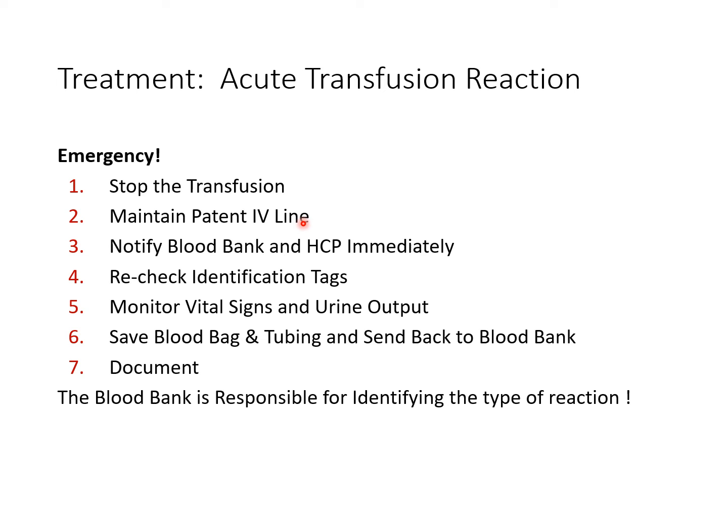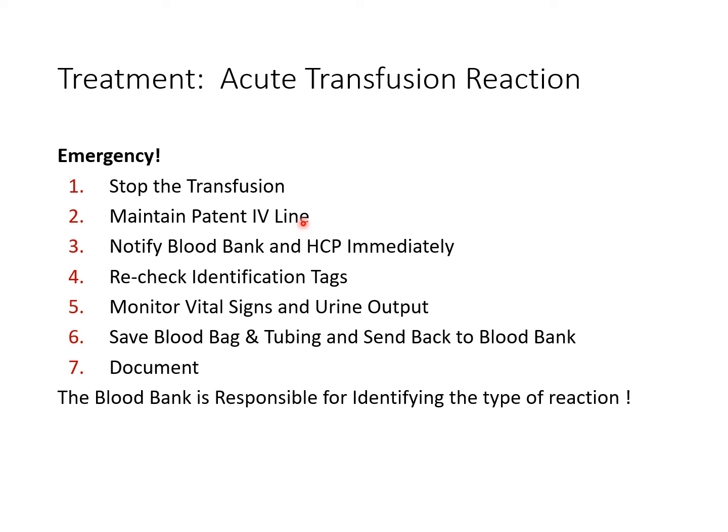The reaction happens. You have to stop it, right? And you have to basically disconnect the catheter from the patient. When they're saying maintain a patent IV line, they want you to hang normal saline, but you wouldn't stop the blood and then restart the normal saline you already had hanging using the same tubing, because the patient would have been getting blood.